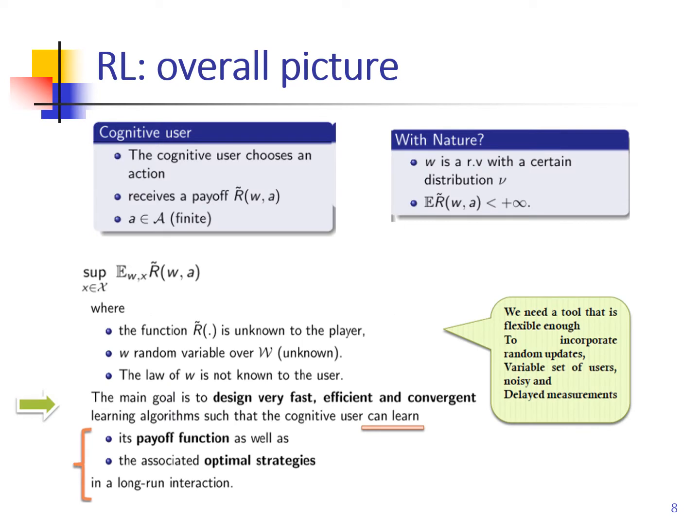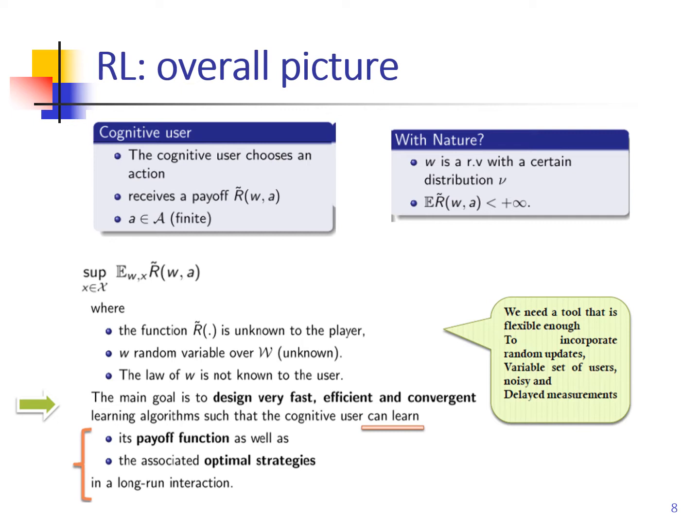All right. Now for the overall picture in reinforcement learning. Here what you have is very, very simple. You have a user, say a cognitive user or intelligent user. This could be an agent, okay? And this agent is interacting with nature. Nature here could be the environment, right? Could be the other agents in the environment, right?